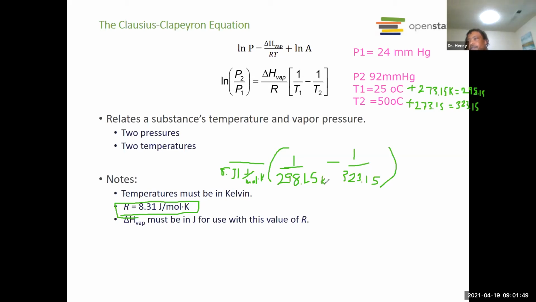That's both Kelvin. And that's going to equal, and you're going to see this equation again, so make sure you're familiar with it, 92 over 24. What do you guys get?